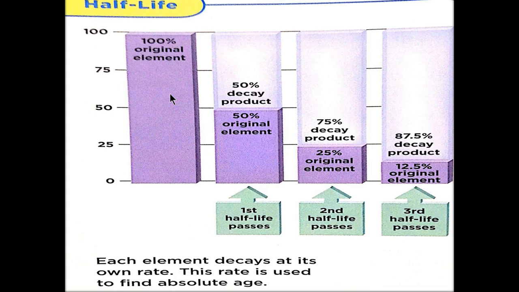Now we can take an example: uranium 235 has a half-life of 700 million years. Suppose you find that the ratio of original element to decay product is 1:4. That means only 1/4 or 25% of the original element is left.